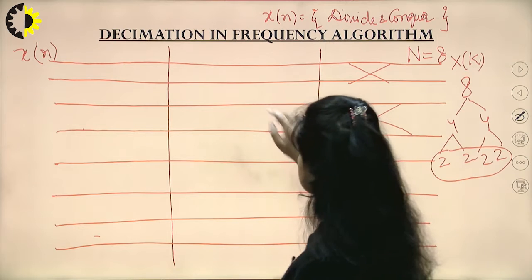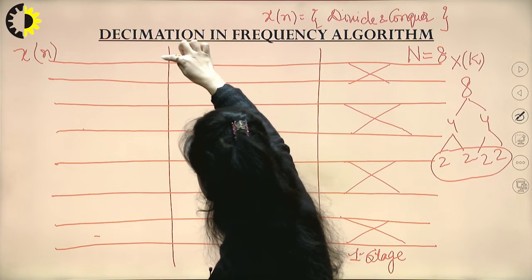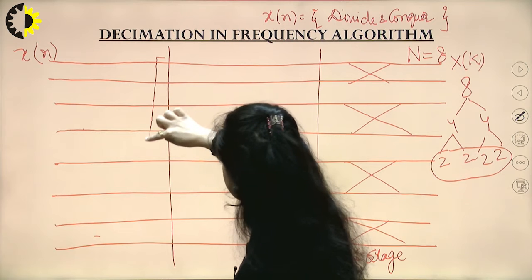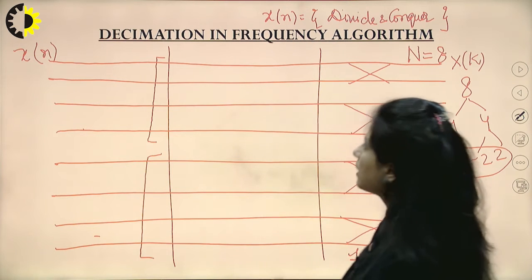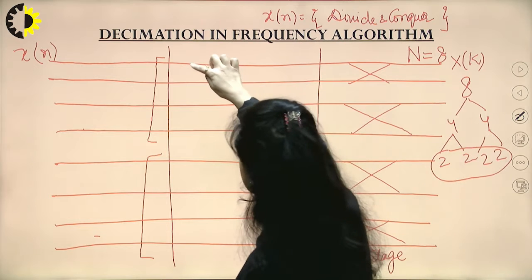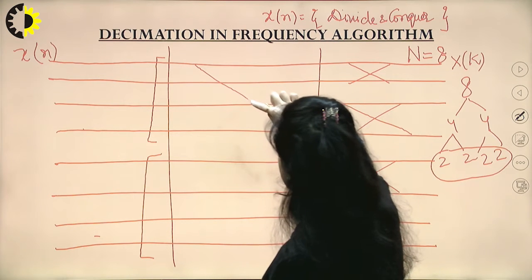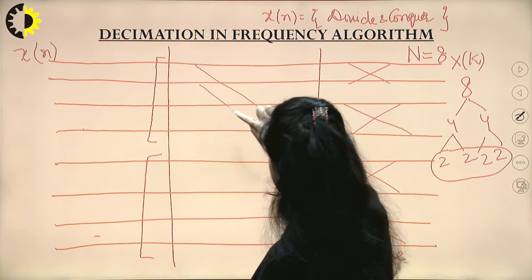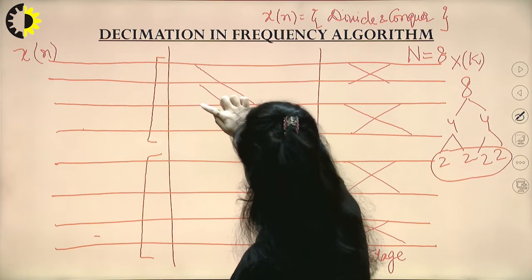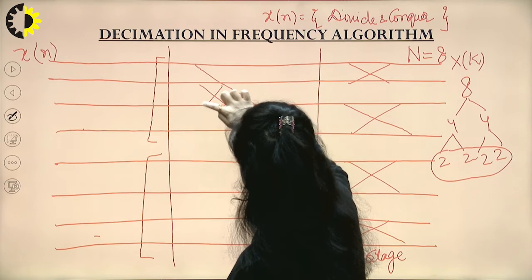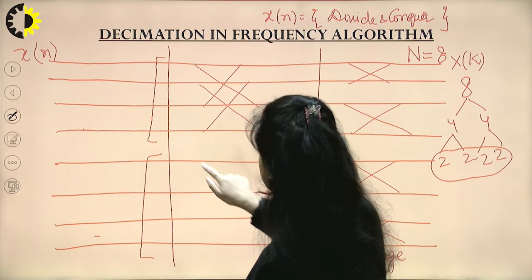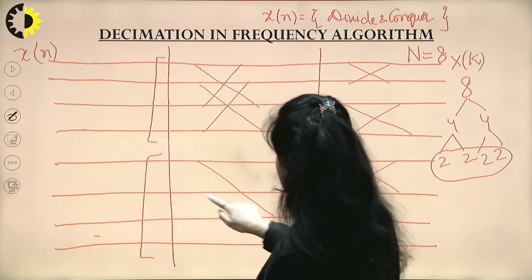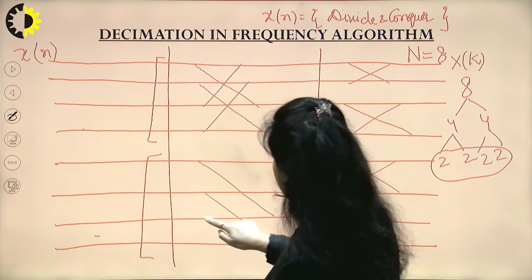Similarly, in the second stage also, I would consider a set of these 4 elements and a set of these 4 elements, upper 4 and lower 4, and would start making the graph connecting alternate lines, 1 with 3, 2 with 4, 3 in the reverse direction with 1 and 4 with 2. The same pattern would be repeated for the lower samples as well.